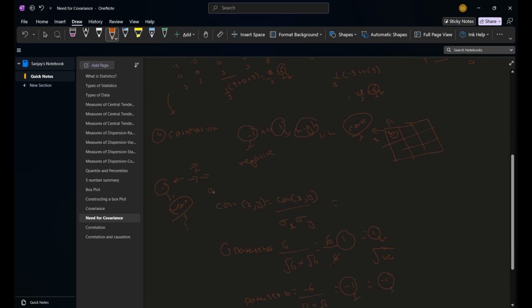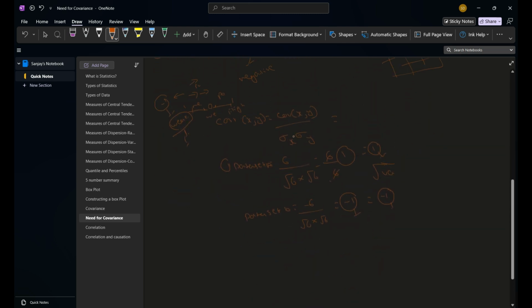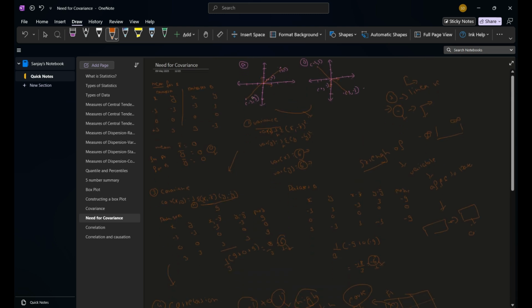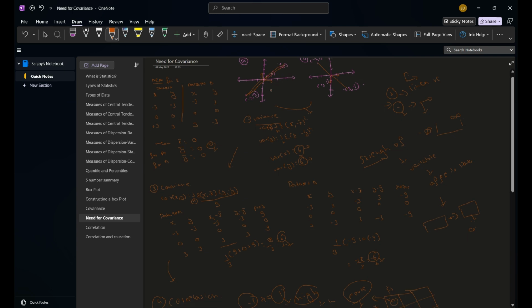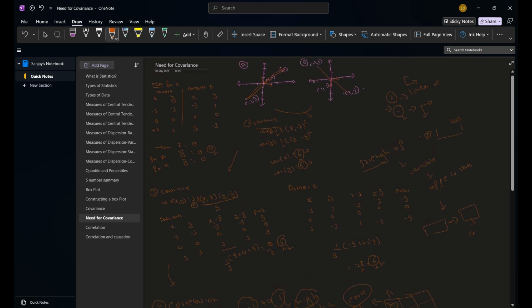From 0 to 1, it's positively correlated; from 0 to -1, it's negatively correlated. Near 0 it is weak, and the more it is toward the extremes, the stronger it is. So here we can say it is very highly correlated for data set a, which is why we get the correlation as 1, and here we get -1.